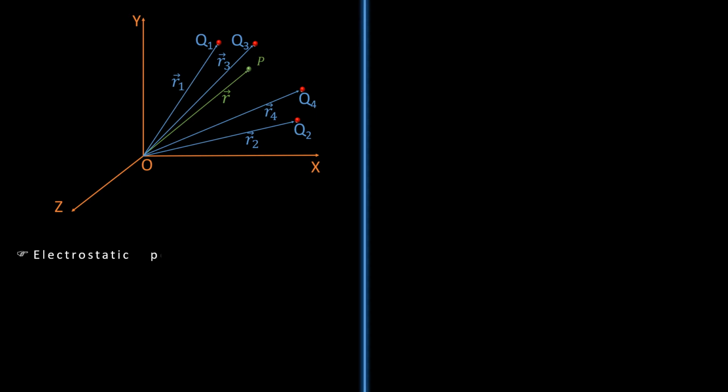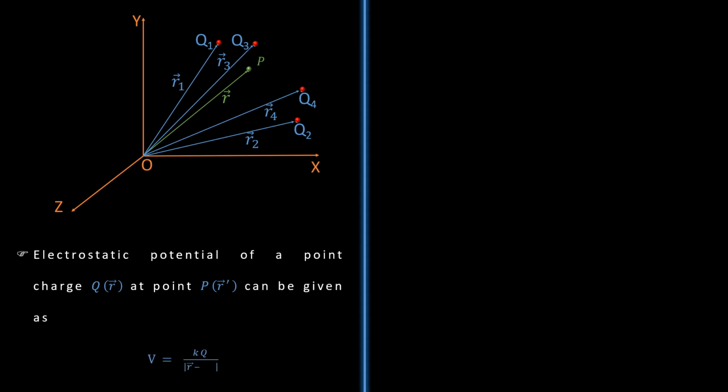So we know that the electrostatic potential of a point charge, say q, which is at position vector r, at some point P, which is at position vector r prime, can be given by this. With that equation in hand, we want the potential at point P due to these four charges.